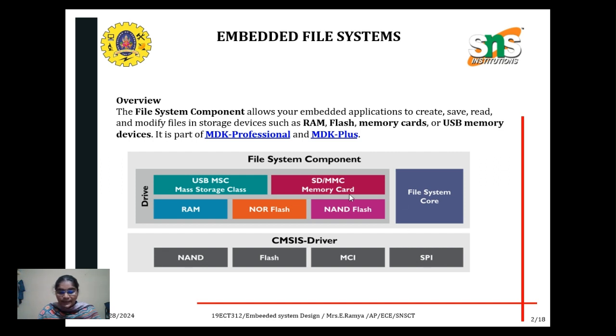These are the CMSIS driver components. The main function of the file system component is to allow your embedded application to create a file, save a file, or read a file. We can save as a file, that means modify a file in the storage device.